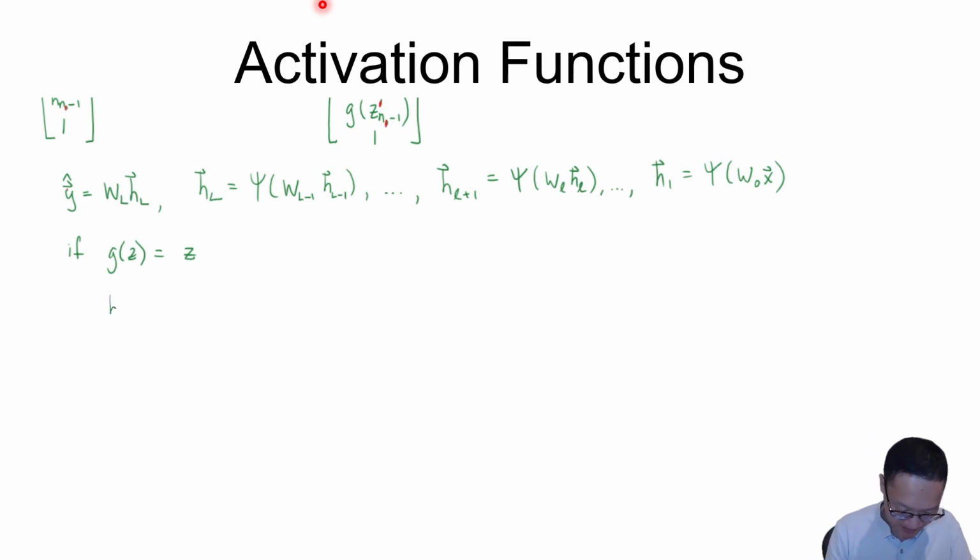Now we have h1 equals W0 x, h2 equals W1 h1, again no psi. Then we can replace h1 with what we have here, W0 x.